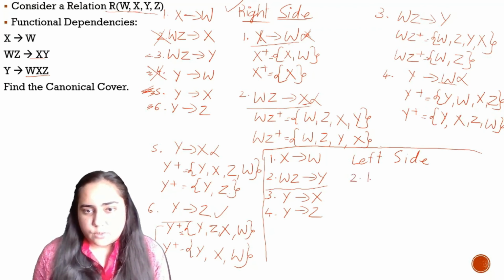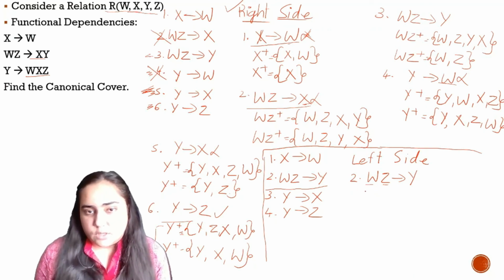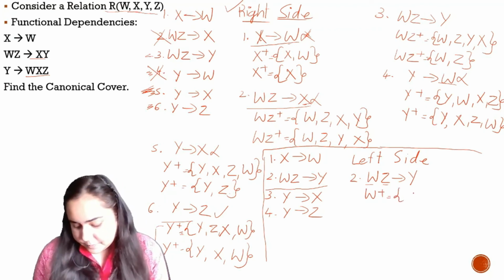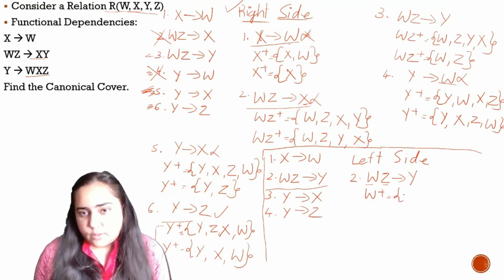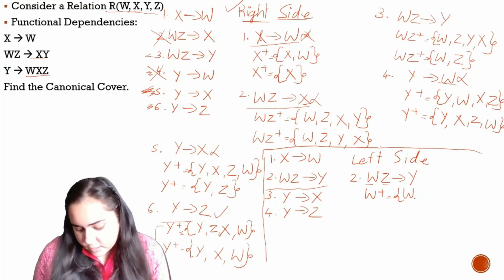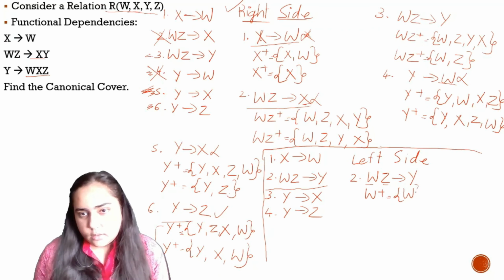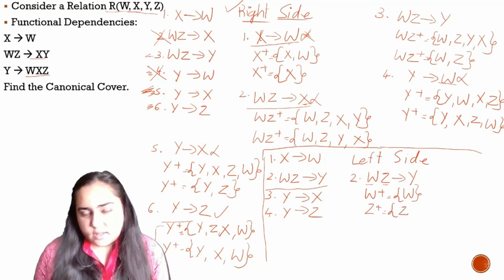So for number 2, we have WZ determines Y, and we need to determine if both W and Z are absolutely necessary or not. To do that, we are going to calculate their closures. So the closure of W is W itself, and the closure of Z is Z itself.